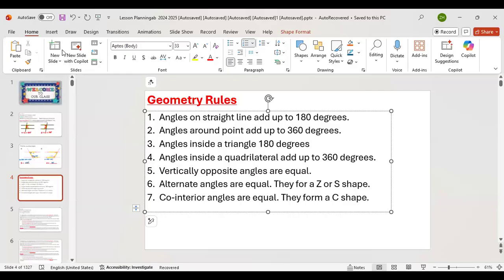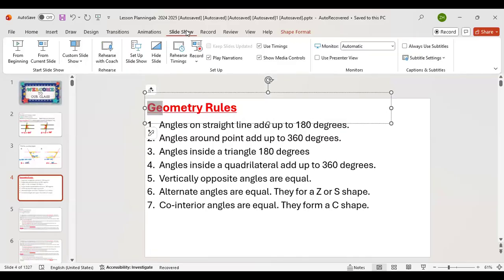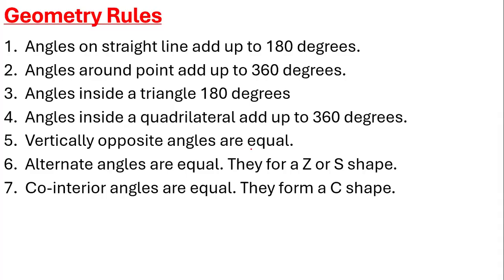All right. So let's make a little description of these things, right? So for this one, angles on a straight line at a common point add up to 180 degrees. So that's how that one looks, like this. The third one, angles around a point add up to 360 degrees.